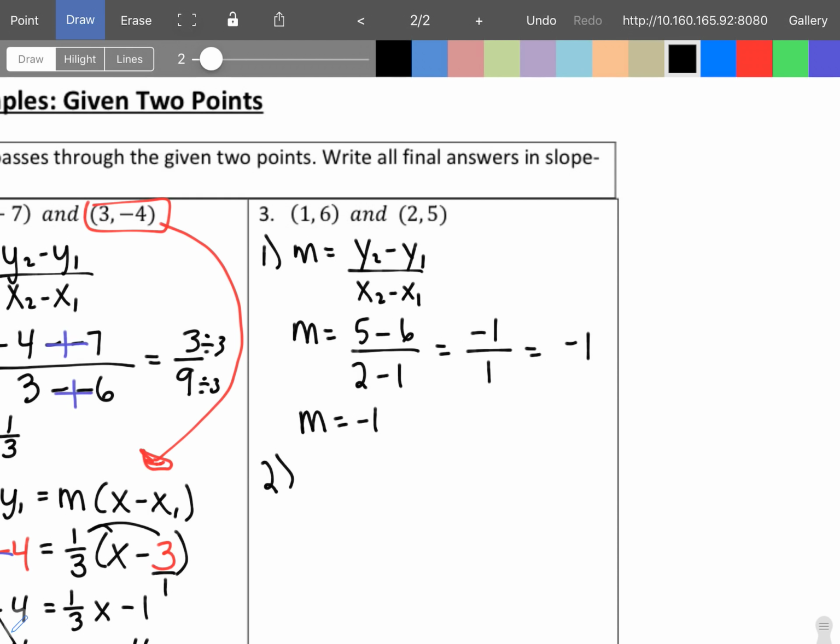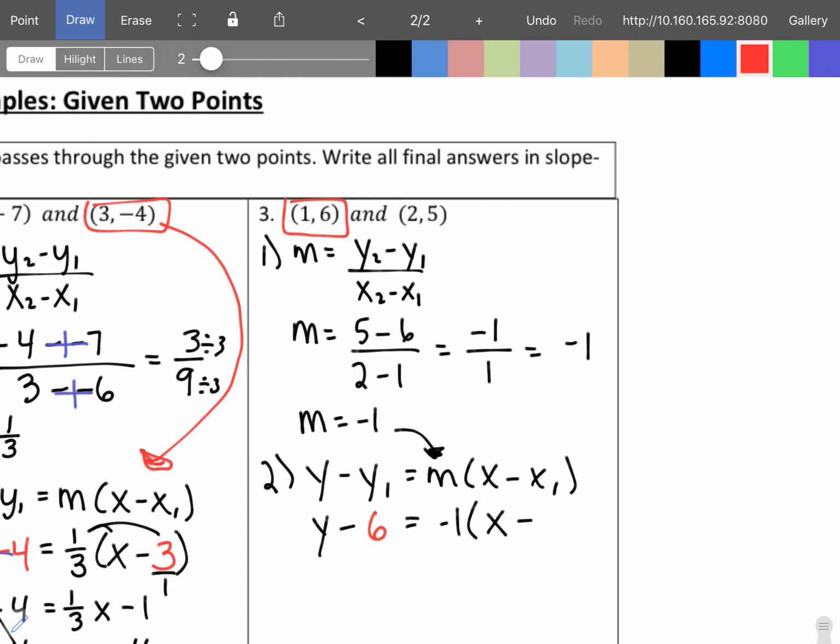Now I'm going to plug it into point slope form: y minus y1 equals m times x minus x1. Doesn't matter which point I use, I'm just going to choose the first point. So y minus, my y point that I chose is 6. My m I got was -1. x minus, my x point of that coordinate is 1.